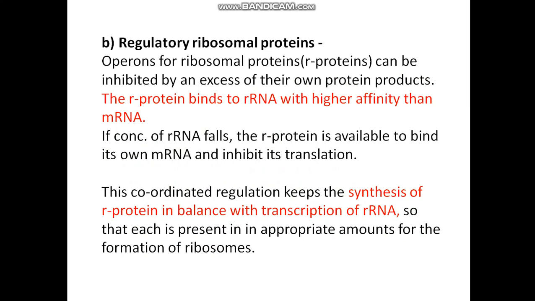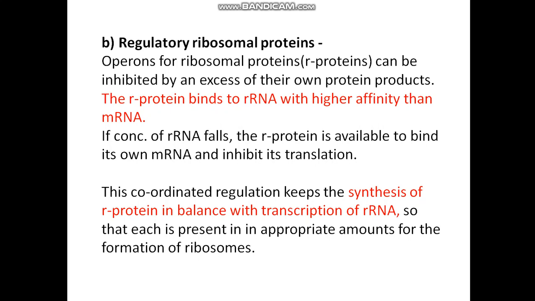And there are certain regulatory ribosomal proteins which regulate the transcription in prokaryotes. These ribosomal proteins are inhibited by an excess of their own protein products. The R protein binds to ribosomal RNA with higher affinity than messenger RNA, and so they inhibit their own products.